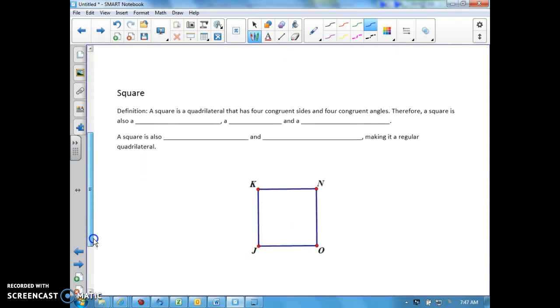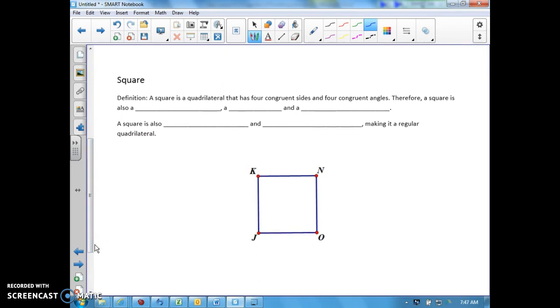And finally, we have a square. A square is a quadrilateral that has 4 congruent sides and 4 congruent angles. Therefore, a square is also a parallelogram, a rhombus, and a rectangle.